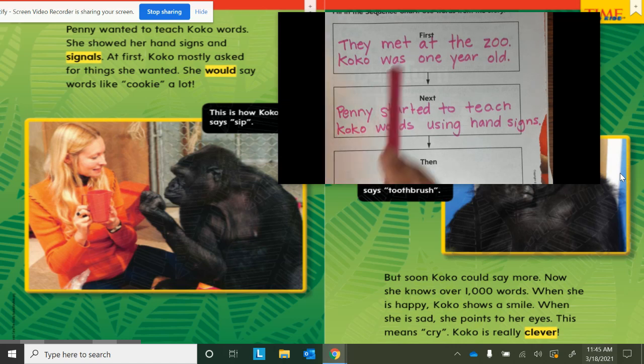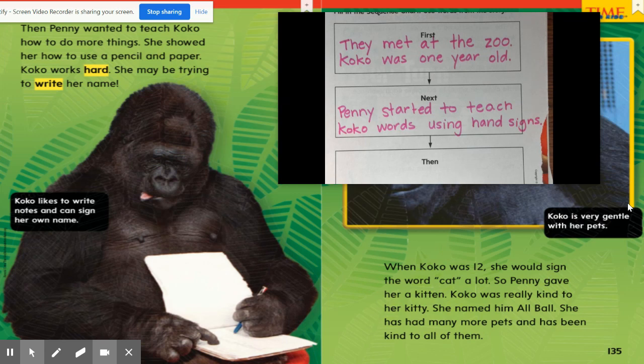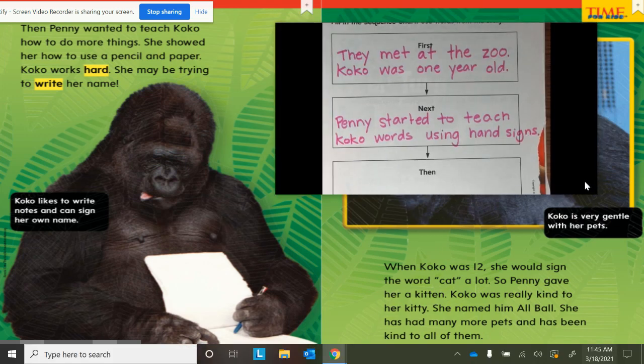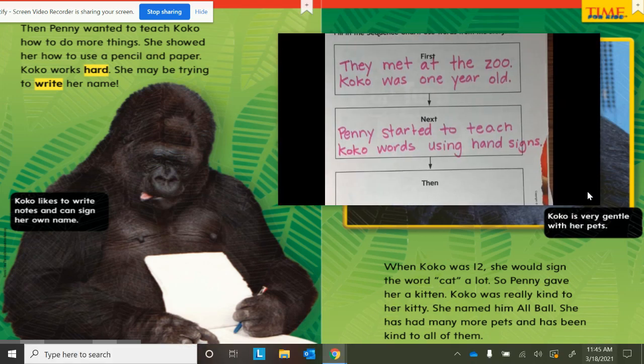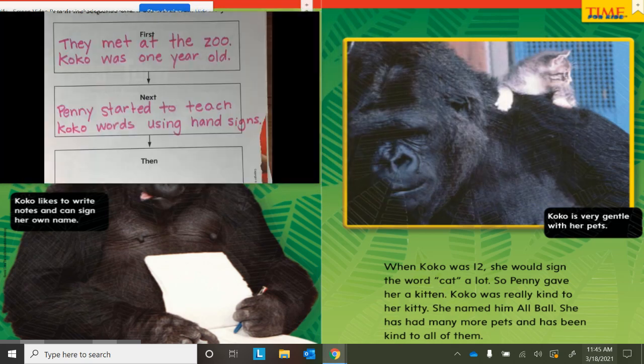So now we're at the beginning. They met at the zoo when Koko was 1. Then Penny began teaching Koko hand signs so that she could communicate to others. So again, then they gave Koko a pencil and paper and she began to write notes and sign her own name.